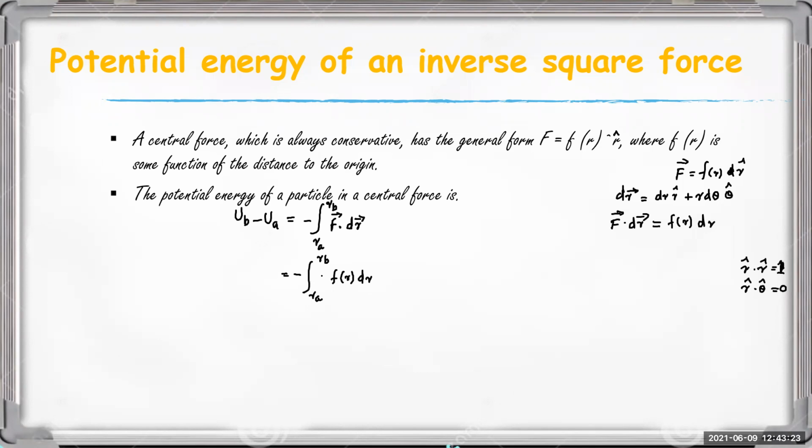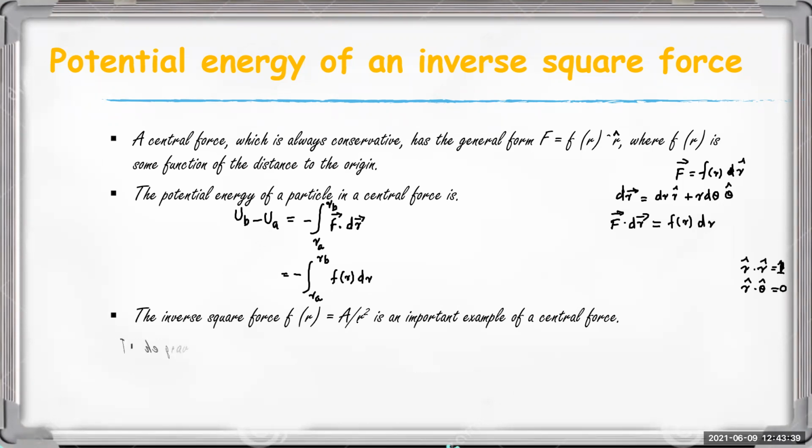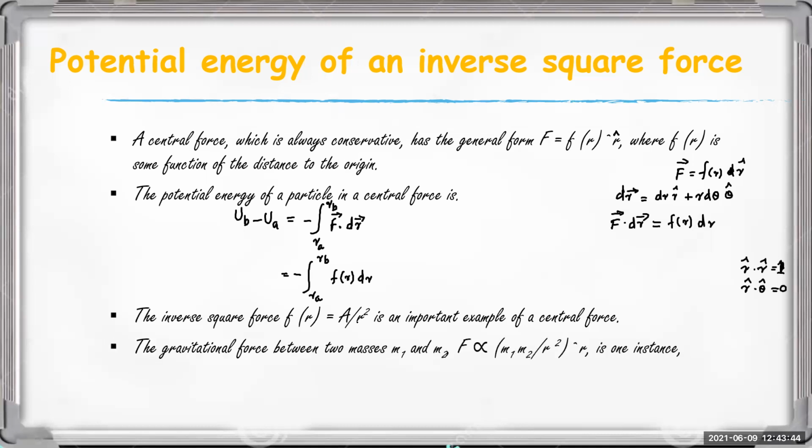An example of central force is the inverse square law force, f(r) equal to A divided by r square. One of the inverse square law forces is gravitational force between masses m1 and m2. We know that it is proportional to m1 m2 divided by r square, or F is equal to G m1 m2 divided by r square r cap.